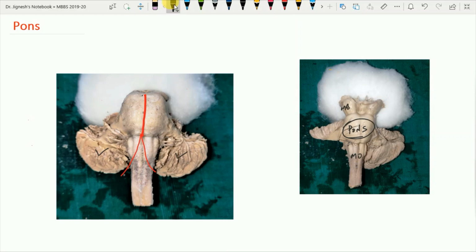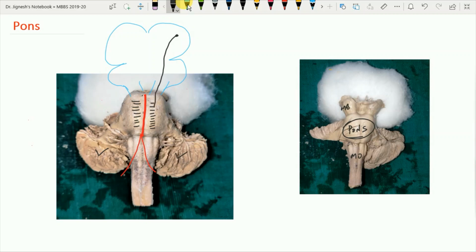On both sides of the basilar groove, there are transversely situated markings, and these transverse markings over the ventral aspect of the pons are because of the transversely running cortico-pontocerebellar tracts. So here this is the cerebrum and this is the midbrain, and from the cortex the fibers start and pass through the cerebral peduncle of the midbrain.